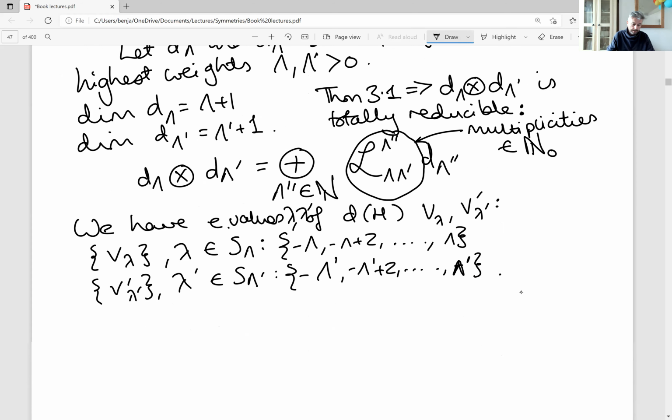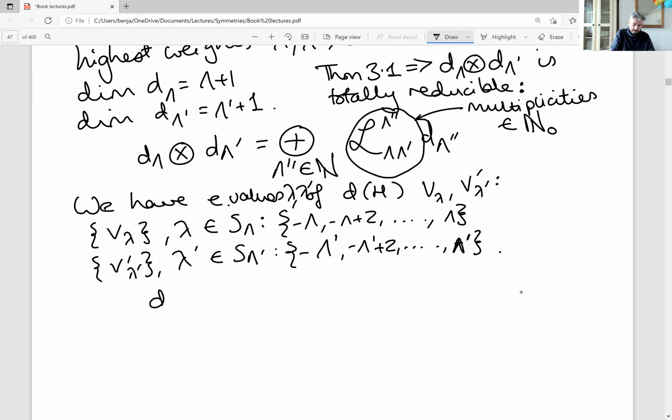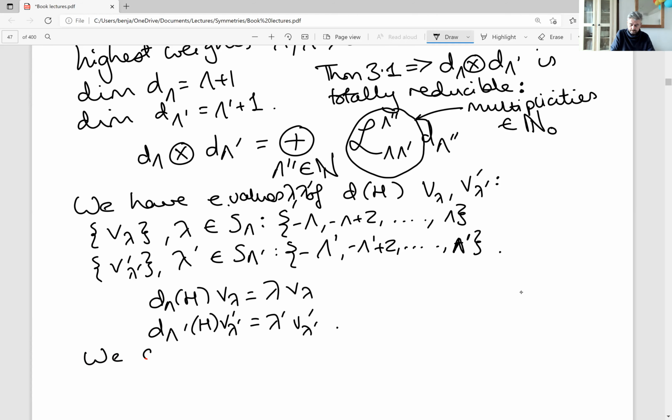Okay, so we have that d lambda of h acting on v lambda is lambda v lambda, that's just the eigenvalue equation. And we have the following one. So now what we want to do is construct a basis for the tensor product, a basis of tensor products of the representation space eigenvectors.